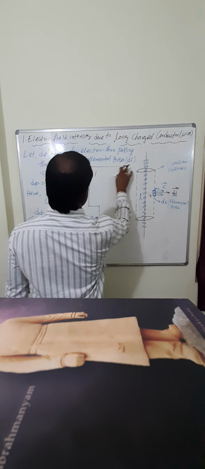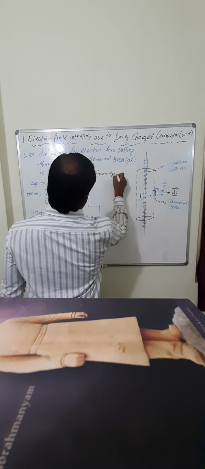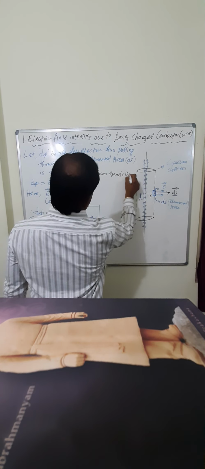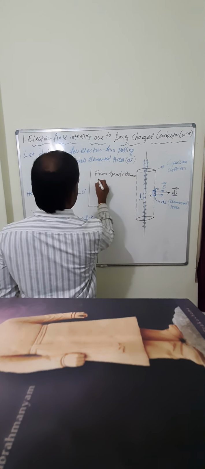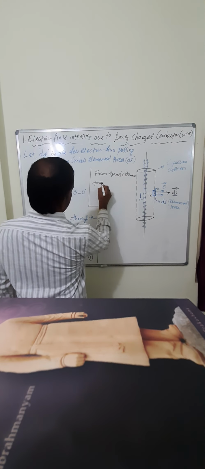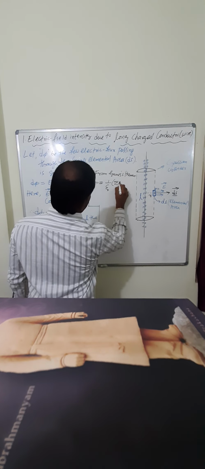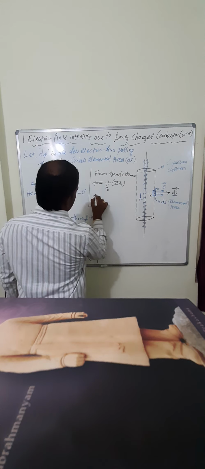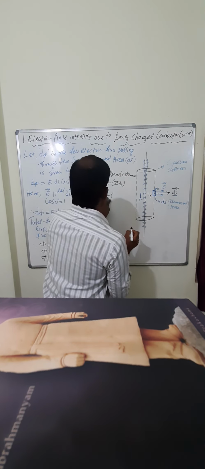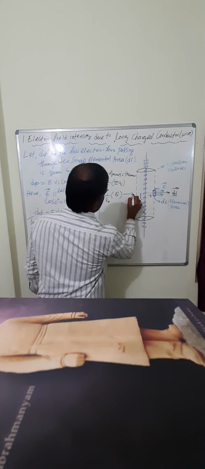From Gauss's theorem, the total outward electric flux phi is equal to 1 by epsilon naught times the summation of q. This can also be written as phi equals 1 by epsilon naught times Q, because the summation of q is nothing but capital Q. This is equation number 2.